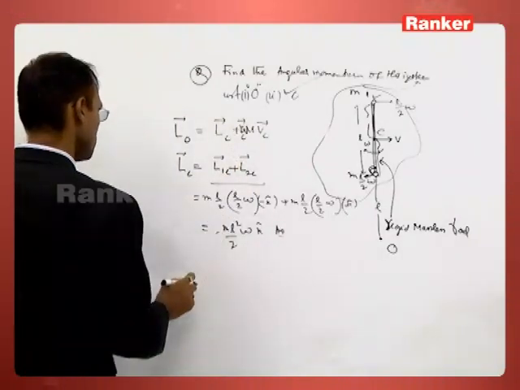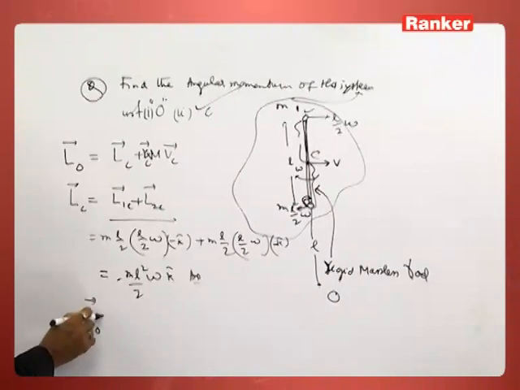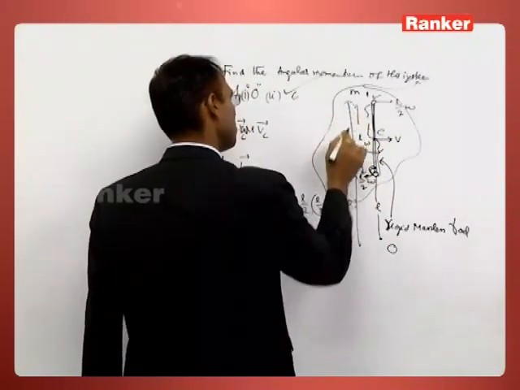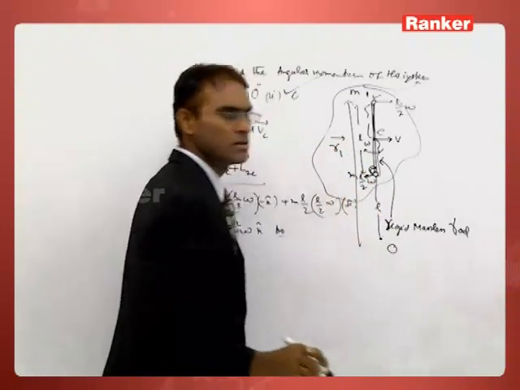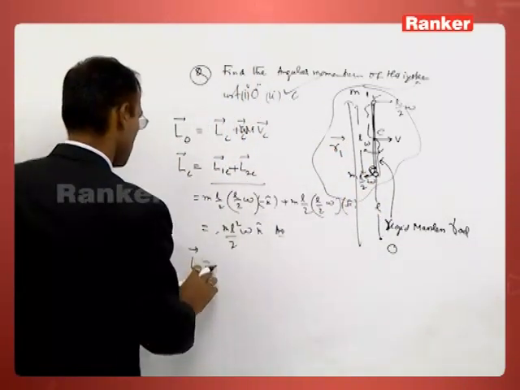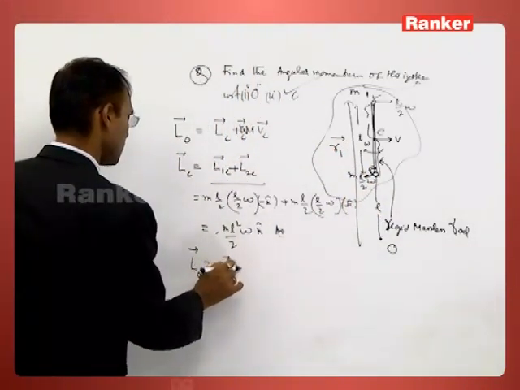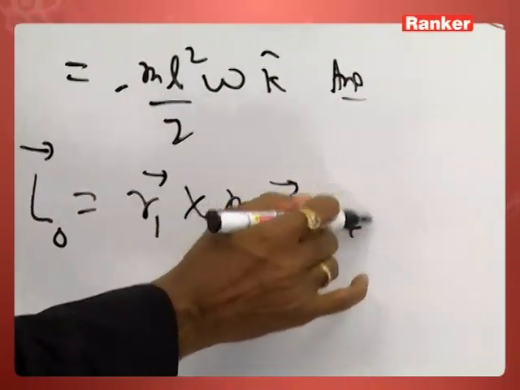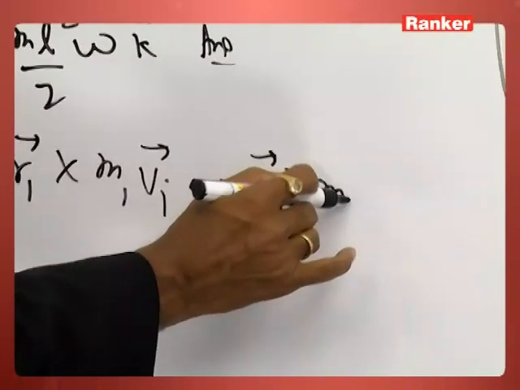Now with respect to O, this is R1. The angular momentum is R1 cross M1 V1 plus R2 cross M2 V2.